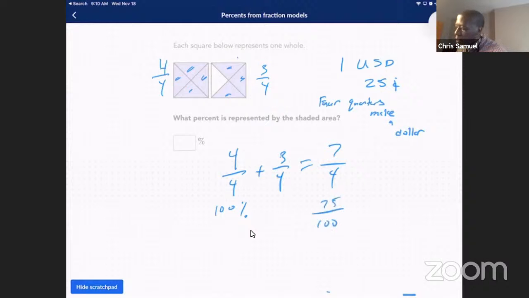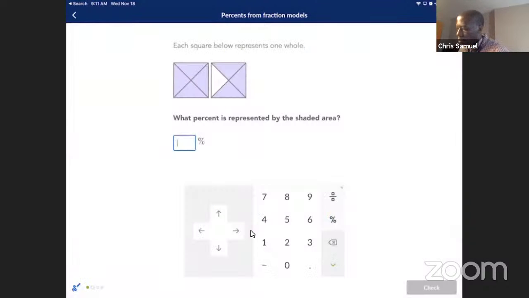So we can say 75 over 100 plus 75 over 100, which is basically 175 over 100. So 175%.